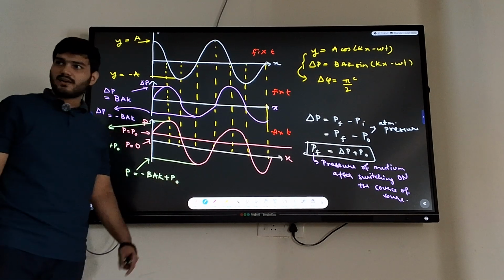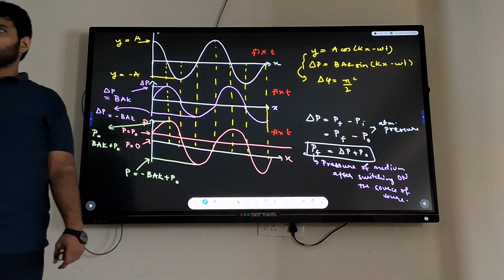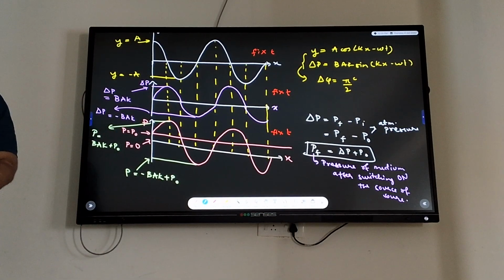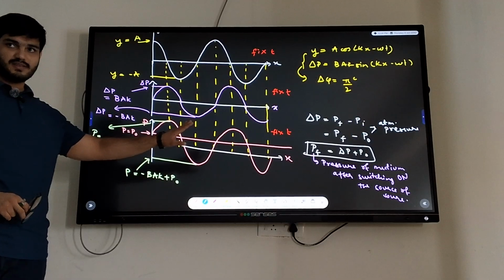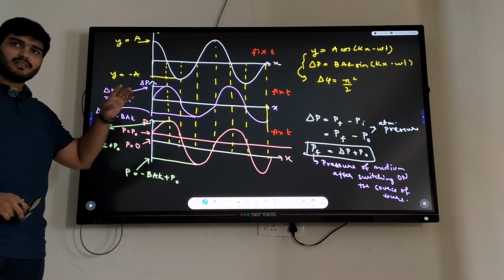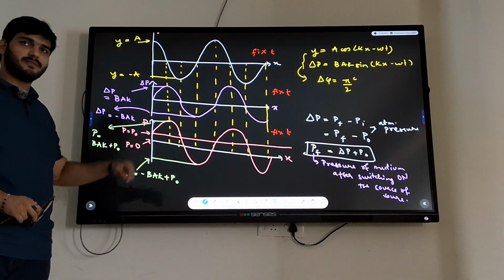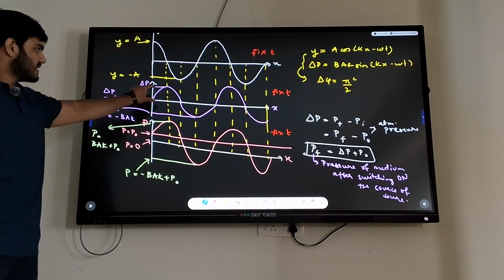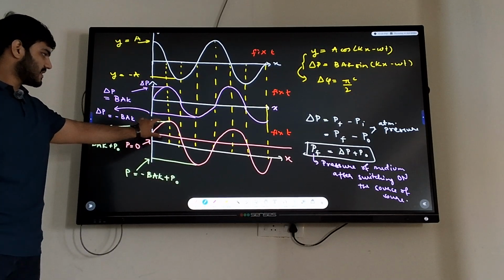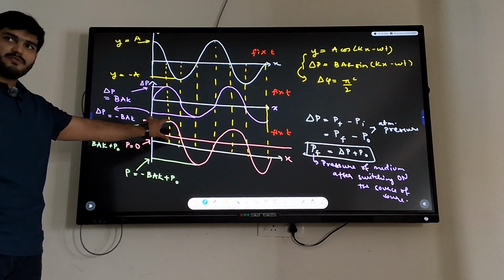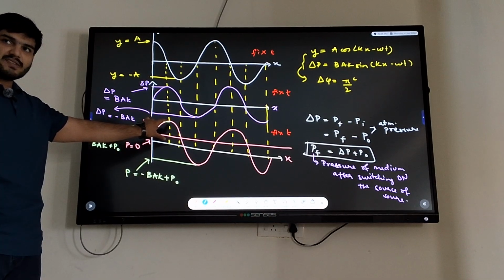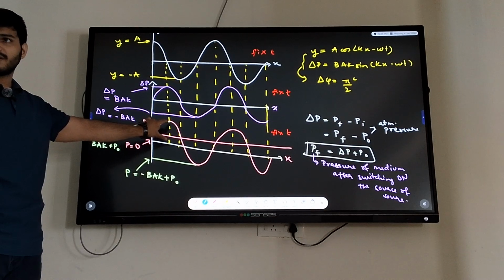Are you okay with the graphs? Now try to actually imagine, these are just graphs for mathematical simplicity. But what is the actual picture? What is the actual way in which the wave is moving? Here the pressure of the medium is maximum. Where do you think the pressure of the medium will be maximum?